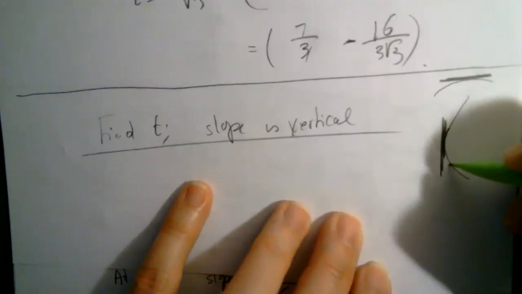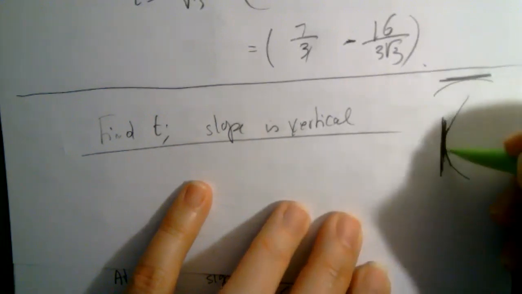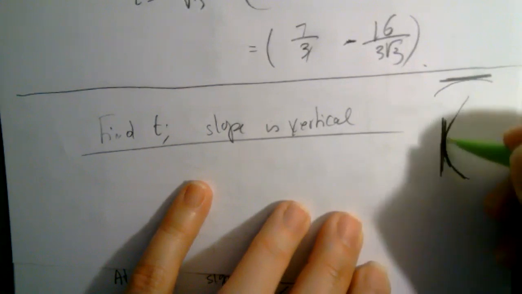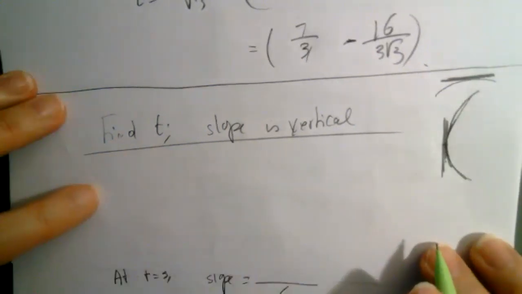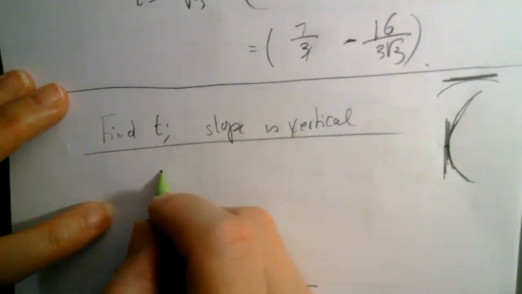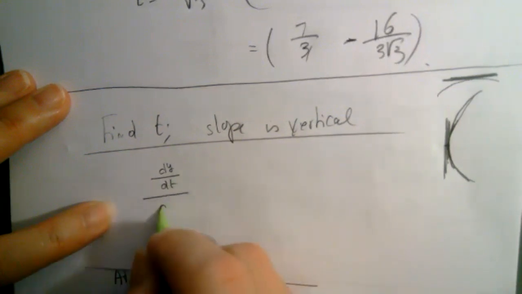Y is changing, going up and up, but x is really not changing. It means dx/dt has to be 0. Another way students sometimes like to think about it is the following. The slope of the tangent line is given like that.